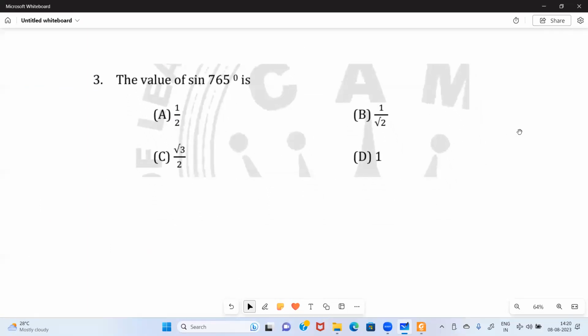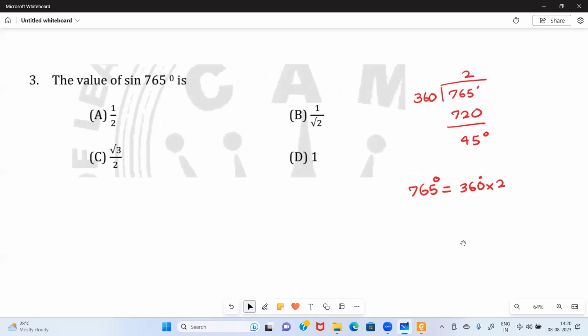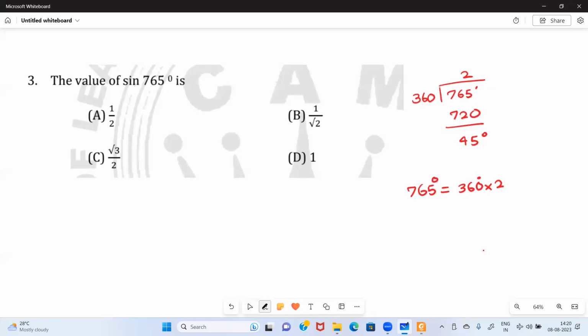We need to find out the value of sine 765, right? 765 is a number greater than 360. So you divide by 360 two times, so you get 720. Remainder is 45. Therefore, I can write 765 degrees as 360 into 2, that will become 720 plus 45.